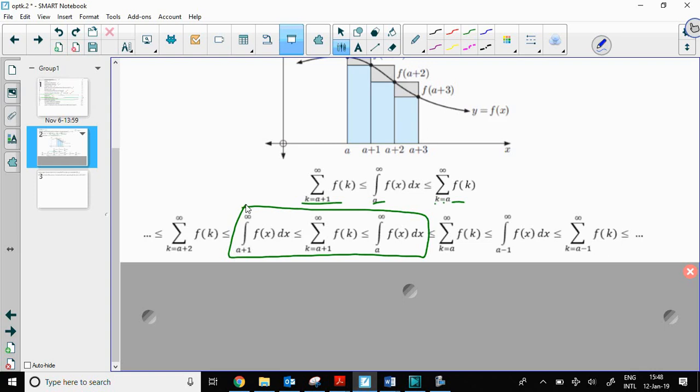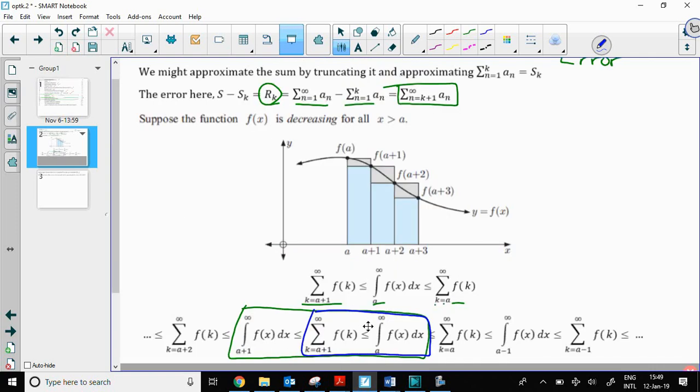In particular, this part. Because this term here, I know I've used different letters here, which might be slightly confusing to you, I apologize, but this is in the exact same format as the error right here. And by the way, notice that the error for the kth partial sum is equal to the sum from k plus 1 to infinity.